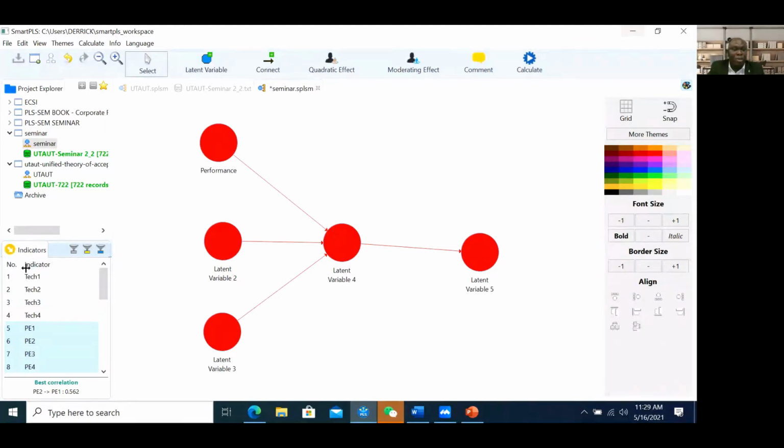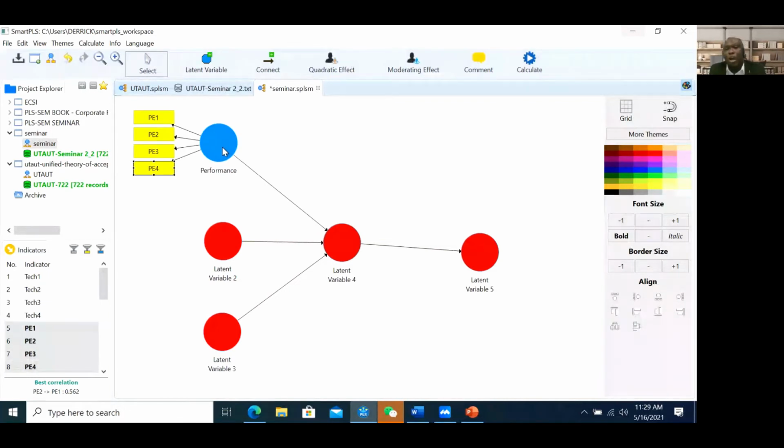Please keep your eyes on the mouse. Then you select all of them, you drag and you drop. It changes from red to blue. Okay. So we have PE1, PE2, PE3, PE4. That measures what we call performance expectancy.